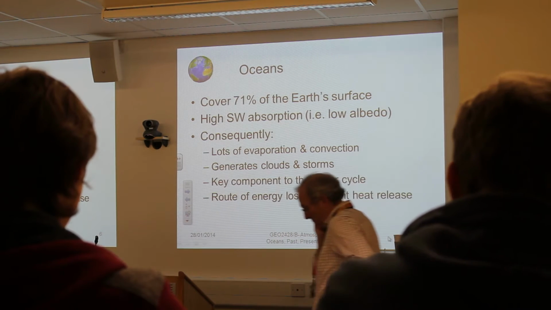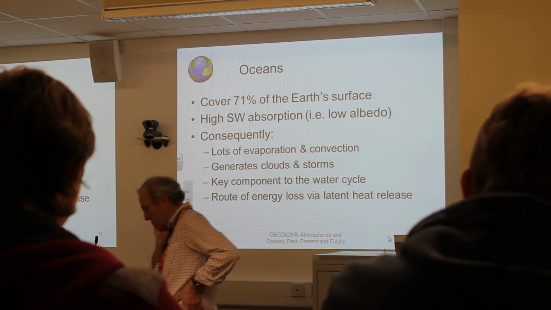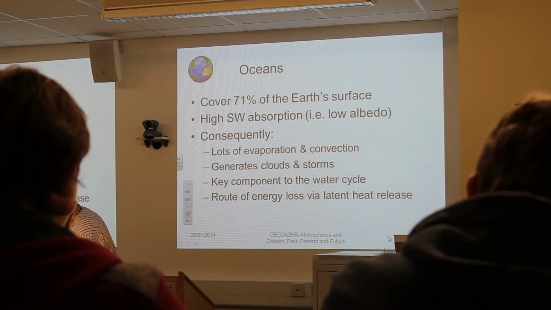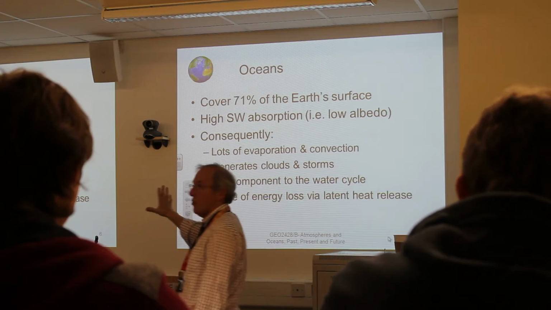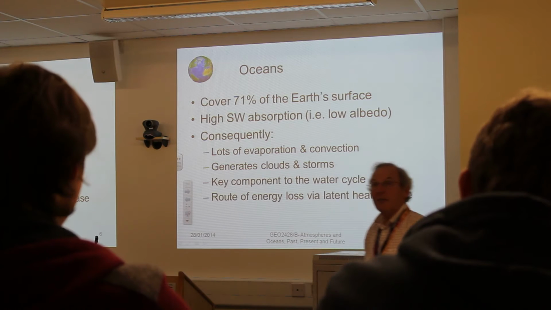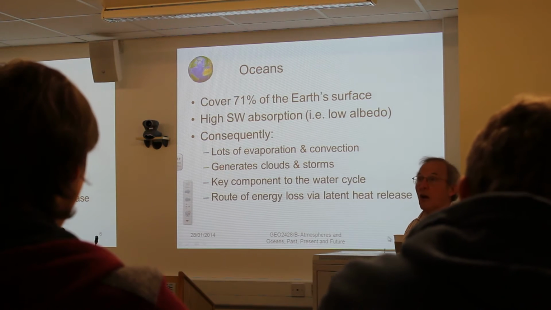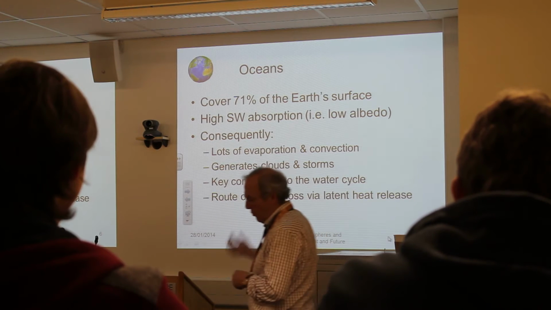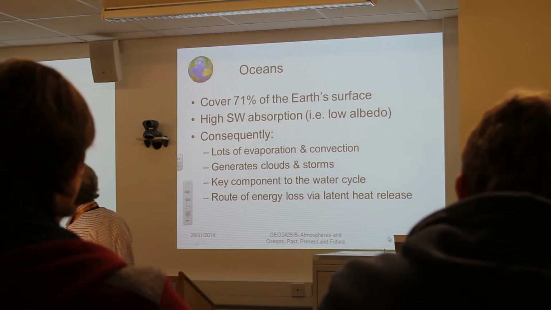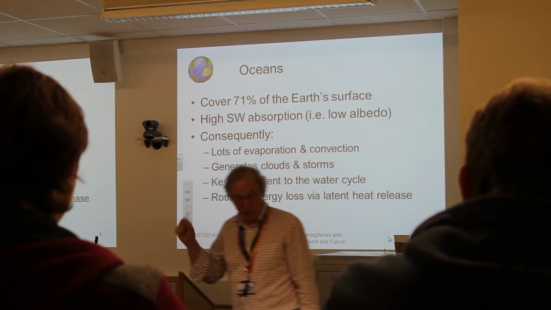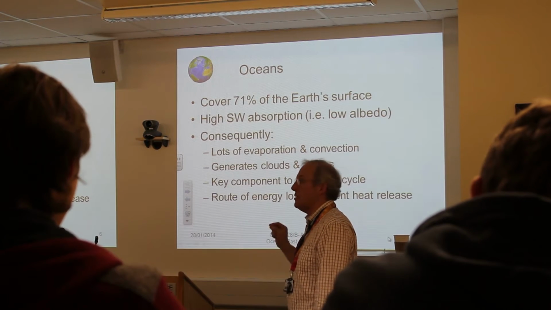We know that the ocean system has a huge role to play in cloud generation, in storm generation. You can see where all these storms that we're getting at the moment are generating off the coast of America. They're all consistently generating. It's a very important component of the water cycle, and it's a route of energy loss via latent heat release.